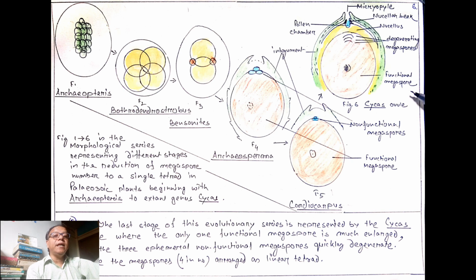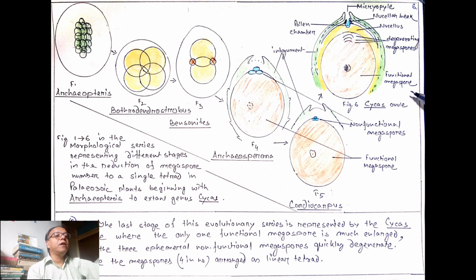So again study the figures carefully. 6 figures are there. In the first figure there are numerous megaspores. In the second one, the number has been reduced. From second to the sixth, the number is 4.